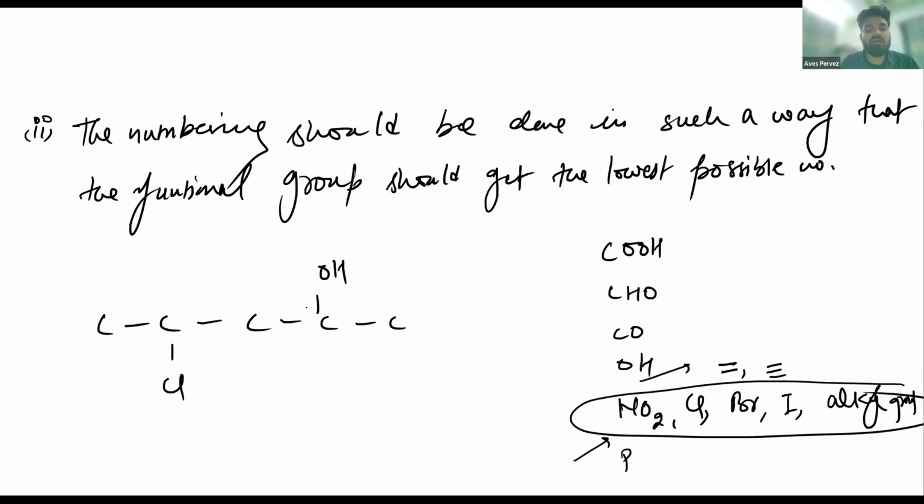If you give 2 to this one, then this carbon will be 4. It means you are giving the shortest number to the chlorine group. But chlorine is not first in the preference. Between chlorine and alcohol, alcohol has the first preference. So you have to give the shortest number to the alcohol and start numbering like this: 1, 2, 3, 4, 5. Got it?